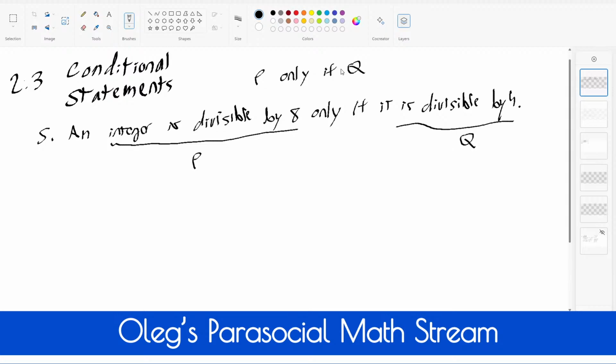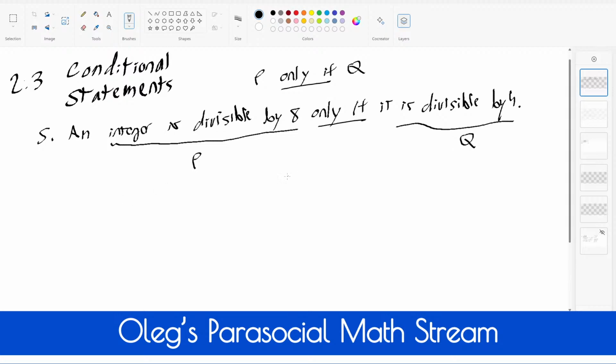So just go there, memorize it. Very important rules. P only if Q. Only if. That's it. No more work necessary. You find an only if, you have your P and your Q. I demonstrated it by saying, if you can divide it by 8, guaranteed you can divide it by 4, but not vice versa. So I just went the extra mile to prove the point, but that's how you do it. You remember the rules and just pull them out.